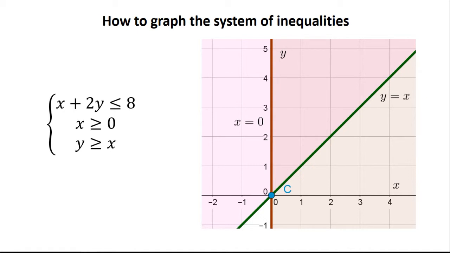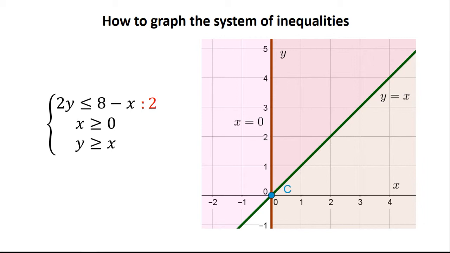And finally, we have to graph the first inequality. Well, it's a little bit harder, because firstly we need to express y in terms of x. First step, we subtract x from both sides of the inequality. Now we are going to get y alone, so we have to divide both sides by 2.